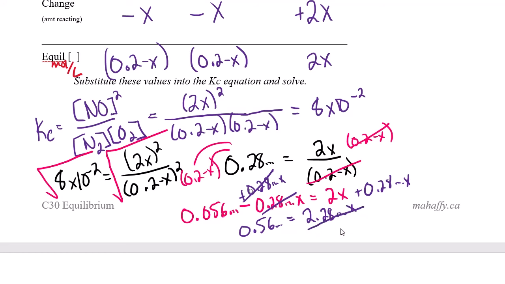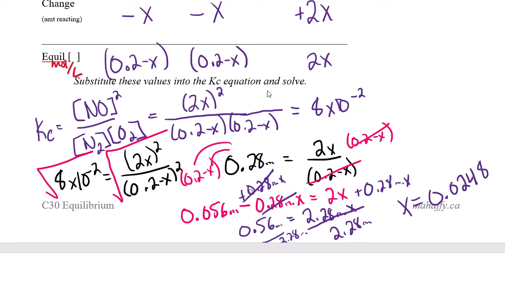Finally, to get x by itself, we can divide by 2.28 on this side, divide by it on this side too, and x will equal 0.0248, my 3 sig digs.